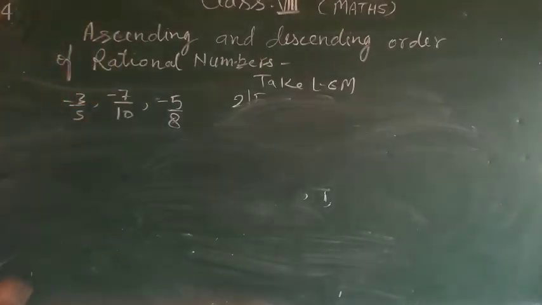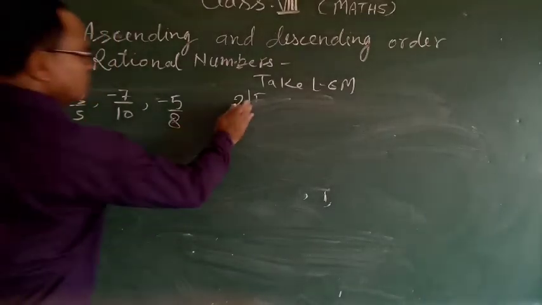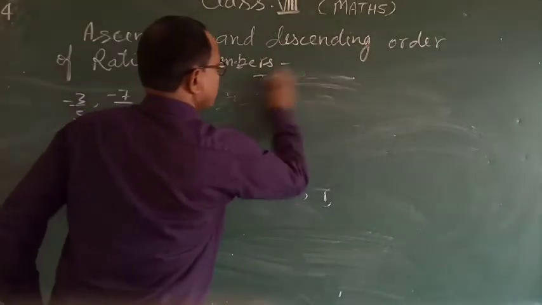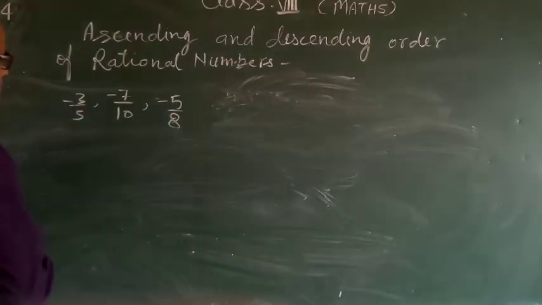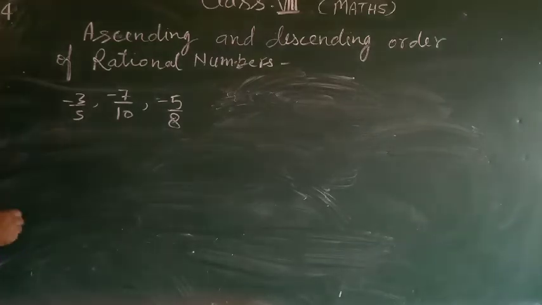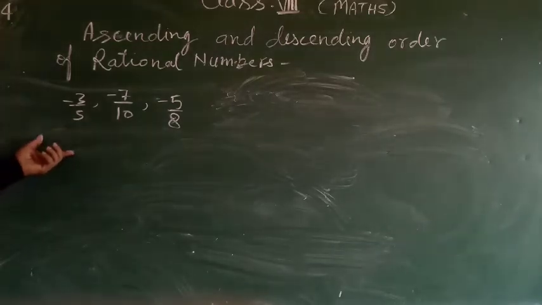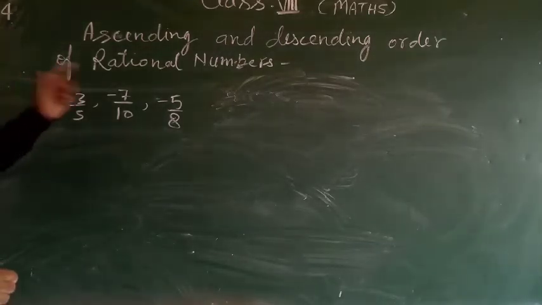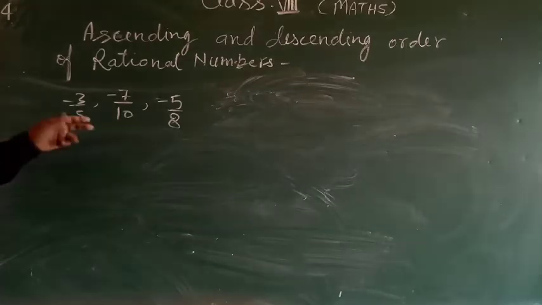Descending order means writing terms from greatest to lowest.